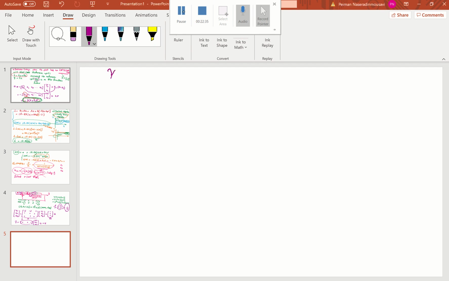Your transfer function is 1 over s plus 1 times s plus 2 times s plus 3. You can say x1 is y and x2 is y dot, remember that we were doing.